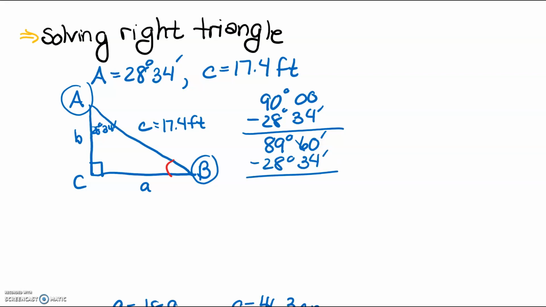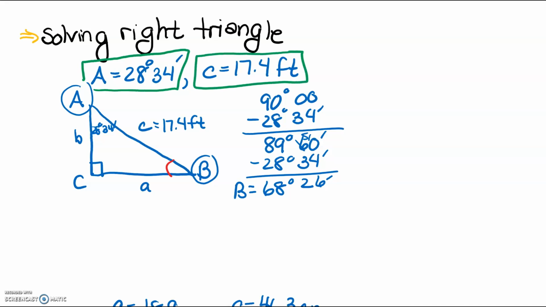Okay, so when I subtract, I get B equals 68 degrees 26 minutes. All right, so how am I going to go ahead and find little a and little b? Well, I'm not going to use angle B because I calculated it, and if it was wrong, I don't want to propagate my errors. I'm only going to use the given information that I started with.